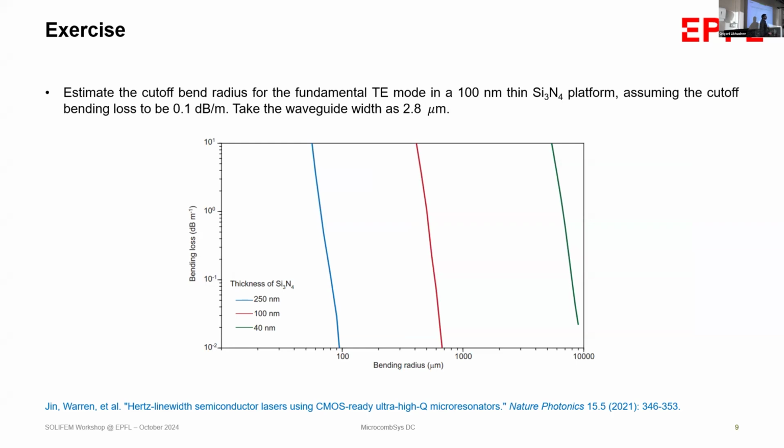You can see it's not exactly like this. It's slightly shifted, probably because of the different refractive indices we are using. We are using a Sellmeier equation or our own, and they are using their own. That could be the difference. And the blue one is 250 while ours is 200, so obviously it's slightly different. But it should be near 100, and that should be near 1000. Is that correct? Okay.